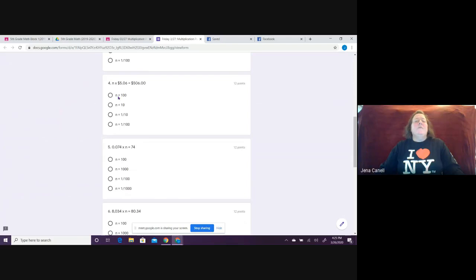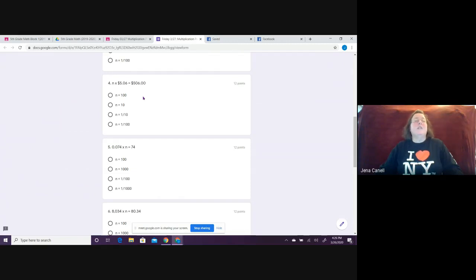Question number 4, n times $5.06 equals $506.00. Right, so we have $5.06. How many times are we moving the decimal to get to 506, and in what direction?